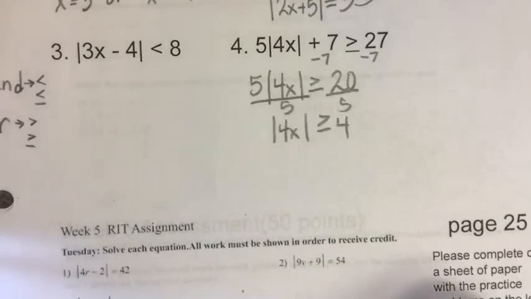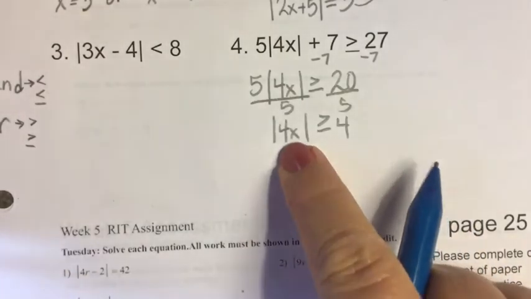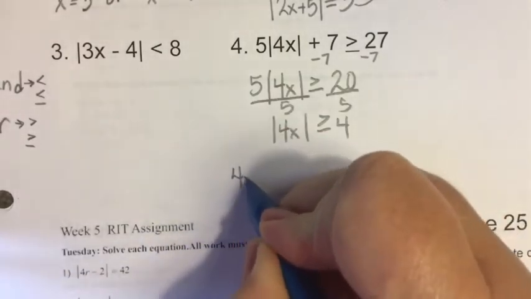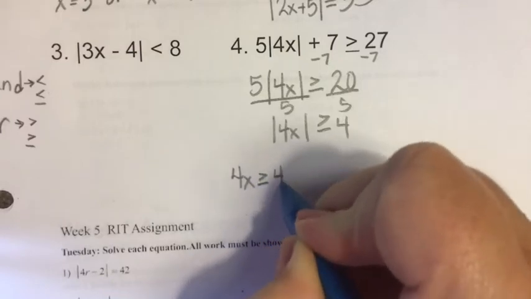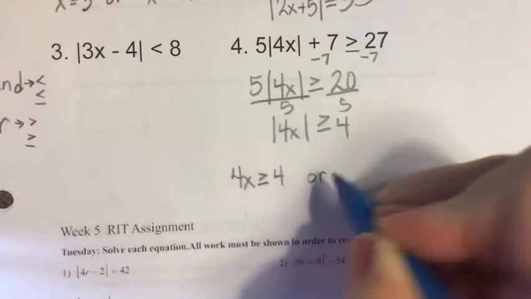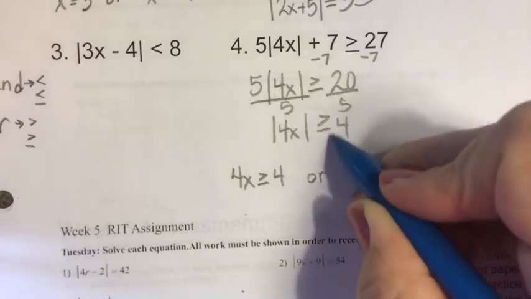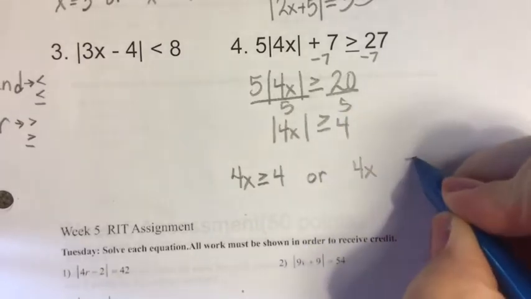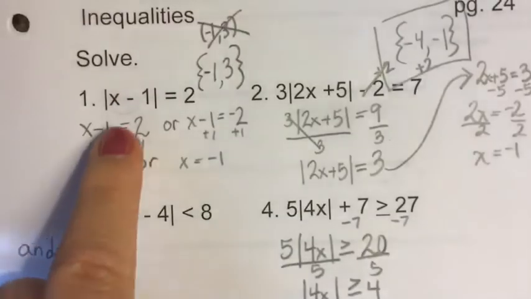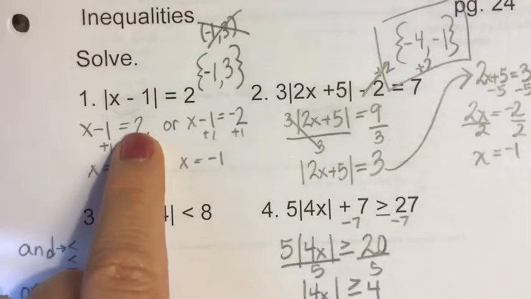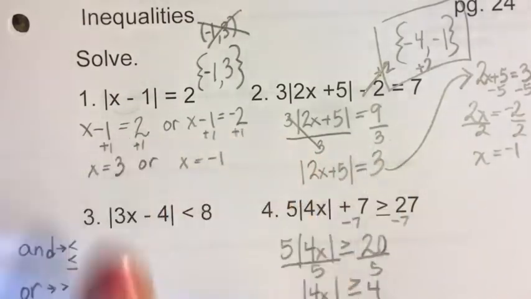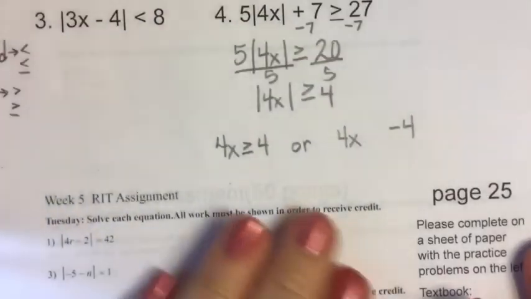Next, to do this problem, I take 4x greater than or equal to 4, or 4x, I make this a negative 4, just like we did up here, because we know the value inside can be 2 or negative 2, so it's no different when you do this problem down here.